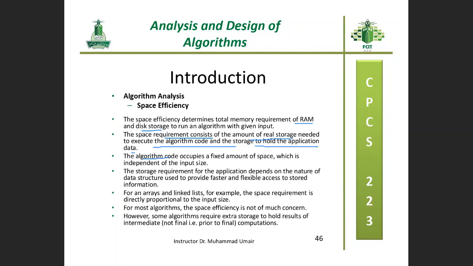Now the algorithm code, which is your set of instructions, always occupies a fixed size. That size will never change. But when you are storing values, then depending on your input and the data structure, that size keeps on varying during execution of a program.